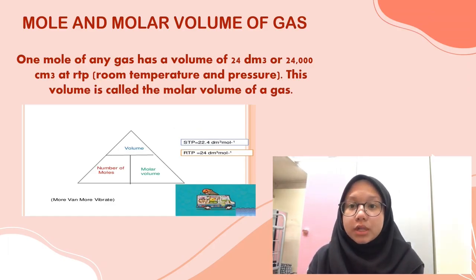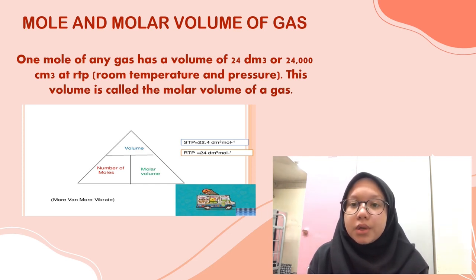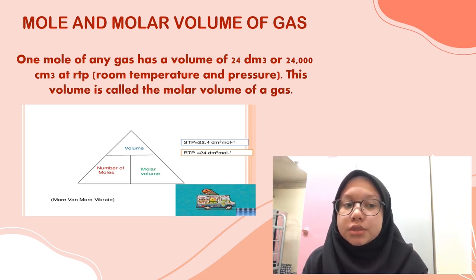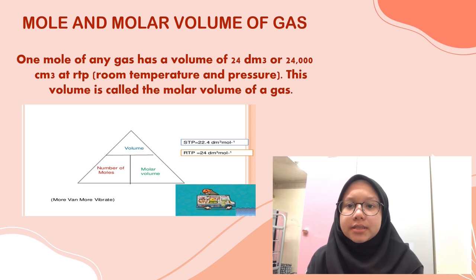So the last one is about mole and molar volume of gas. Another measurement that can be used to quantify substances in a chemical reaction is volume. So when the reactant is a gas, the relationship between mole and volume will be used.